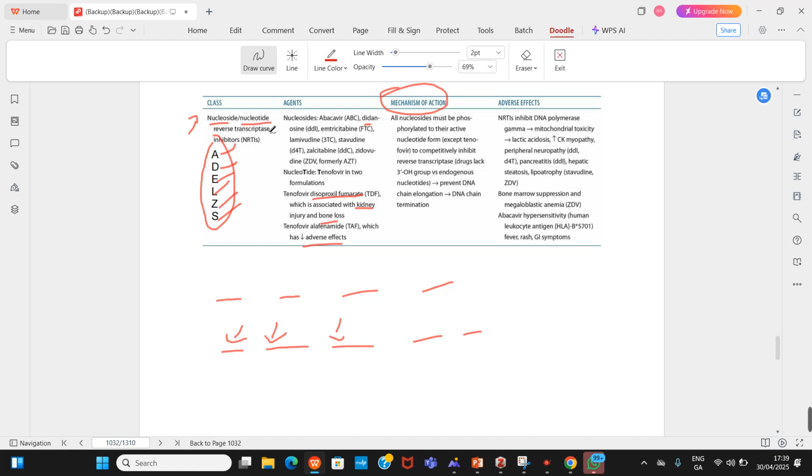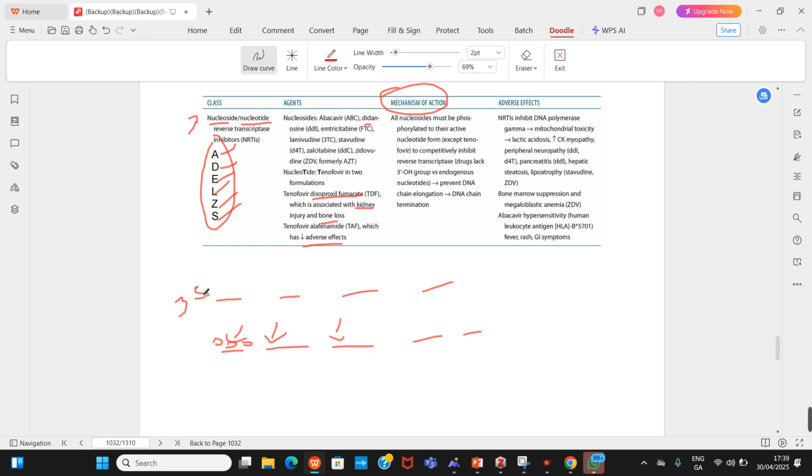So once you give a drug like abacavir, that one is a nucleoside, so we phosphorylate it to activate it. It will now be a nucleotide, mimicking the other normal nucleotides, and it will deposit here. But before we can elongate the chain, we need to form what we call a 3',5' phosphodiester linkage.